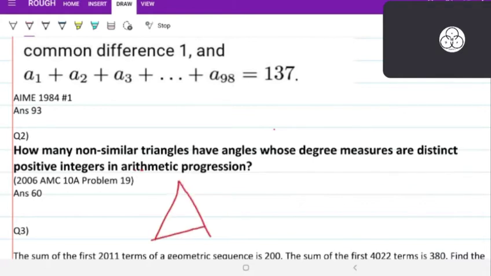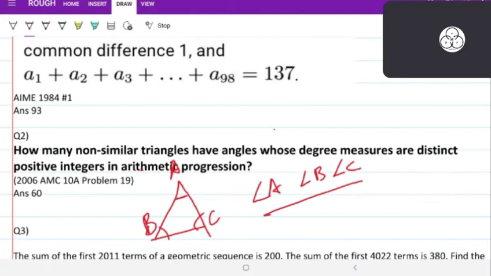Say this is the triangle ABC. Angle A, angle B, angle C are in AP. And the sum of angles, this is very basic geometry, is 180 degrees.